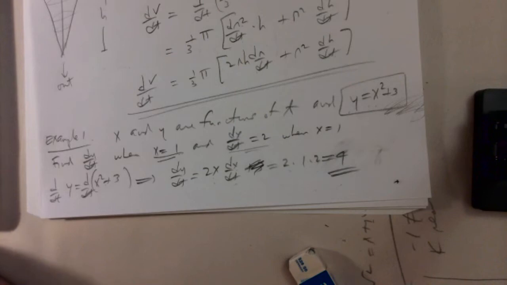Any questions about this? We're actually going to spend today and a chunk of Monday on related rates because they're very important problems and they're hard. They're certainly hard in the beginning. They take a little bit of time to get used to.